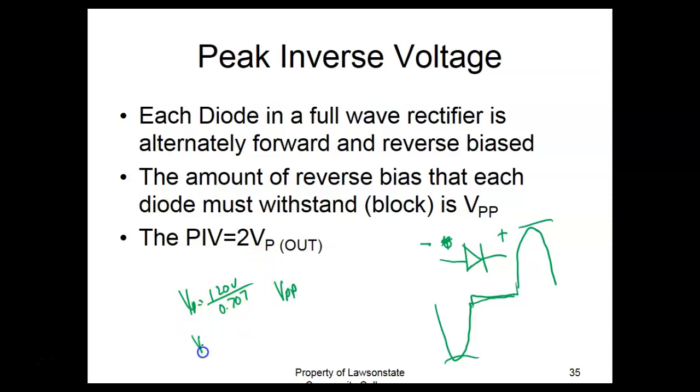You can take V peak, so V peak to peak could be equal to V peak times 2, right? Or you could go ahead and double this up to 240 volts, right? And then divide it by 0.707, whichever way you want to do that.